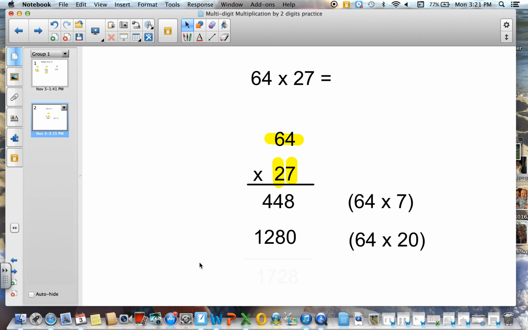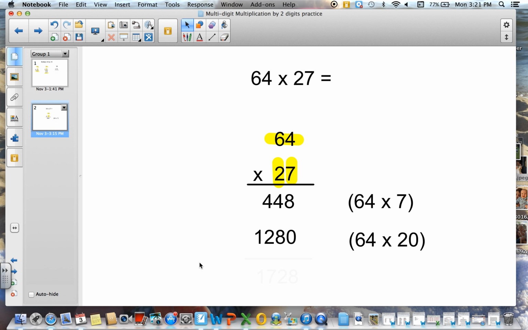Now, if you were a little uncomfortable with doing 64 times 20 all at once, couldn't you have thought of 20 as 2 times 10? And you could have done 64 times 2 first, and then taken that answer and multiplied it by 10.